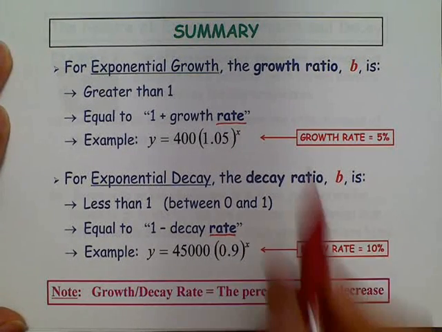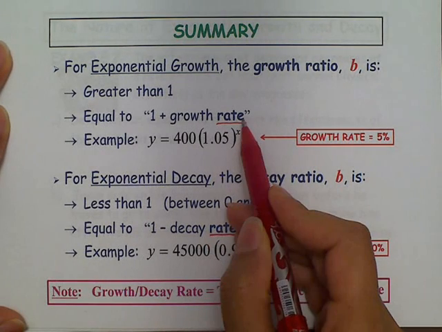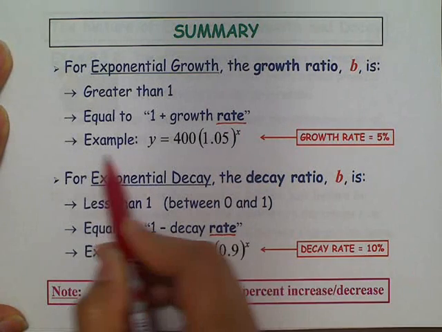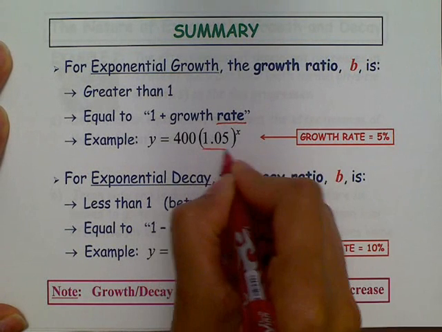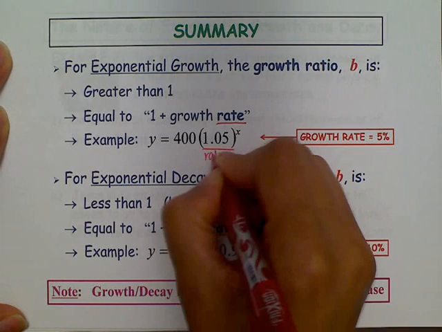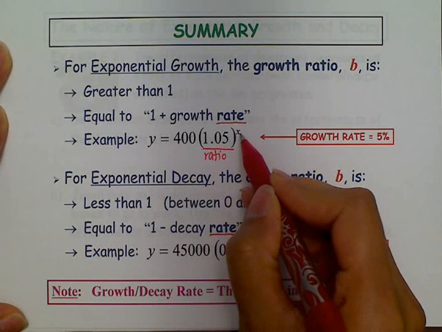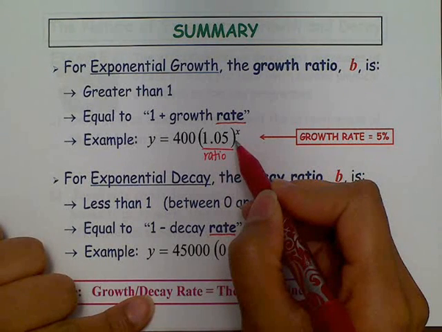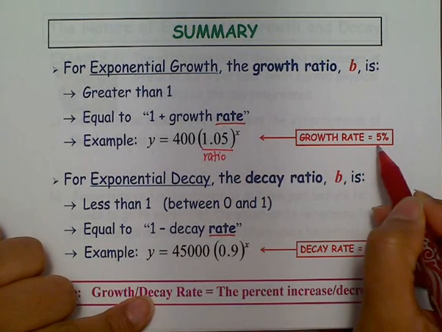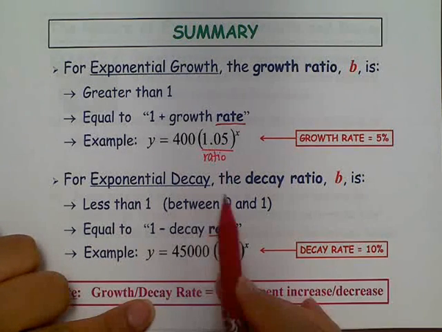Those are examples of rates, and so you do need to figure out the growth ratio based on whatever the growth rate is. So for example, here's an example of an exponential growth. Here's the growth ratio. And the amount higher than 1 tells you what the growth rate is as a percentage. So this is 0.05 higher than 1, so that tells me that the growth rate is 5%.